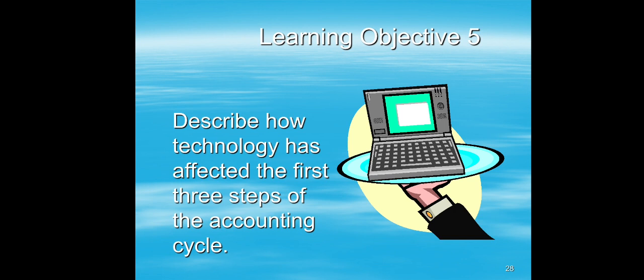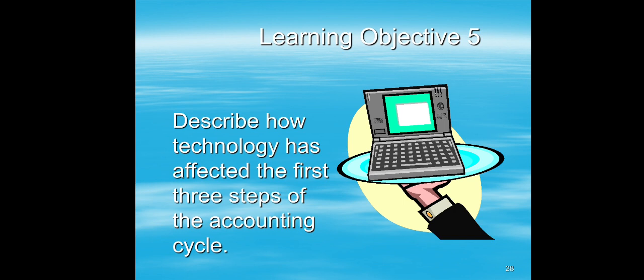You just enter all the transactions and the amounts related to the transactions. The software will process the data, enter the data to the journal, and then transfer the journal entries to the ledger, and then the software also can prepare a trial balance.